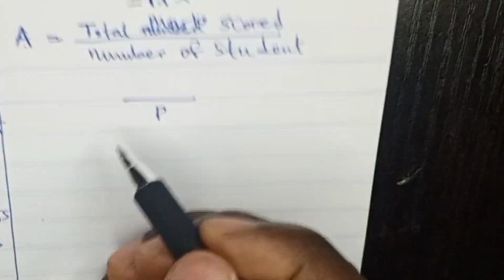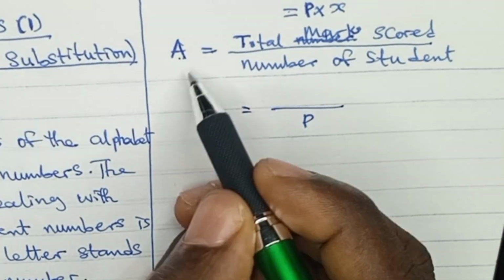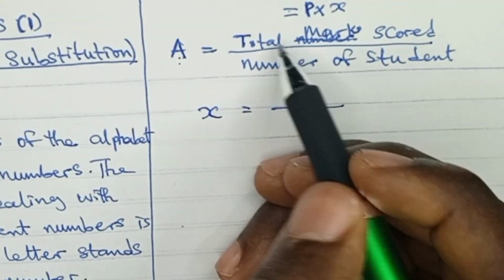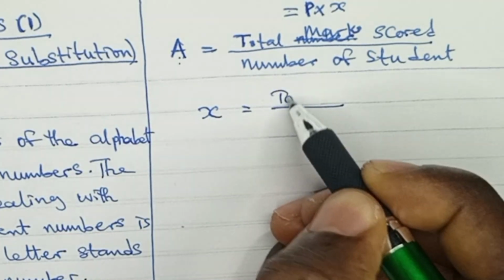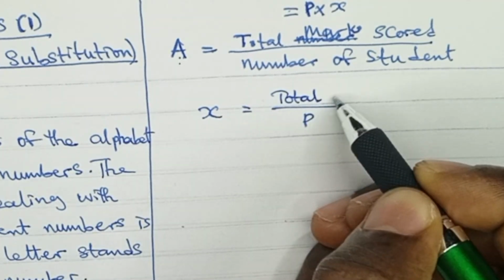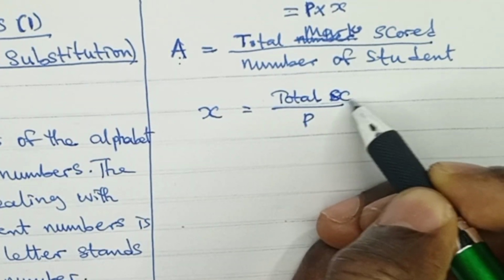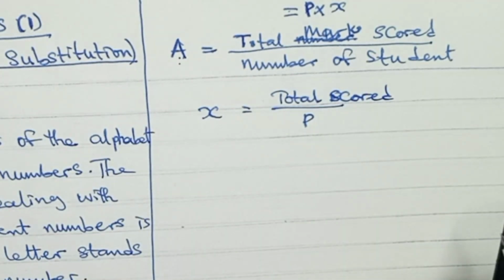So the average is x, but we are not given the total score. The total mark scored is not given.